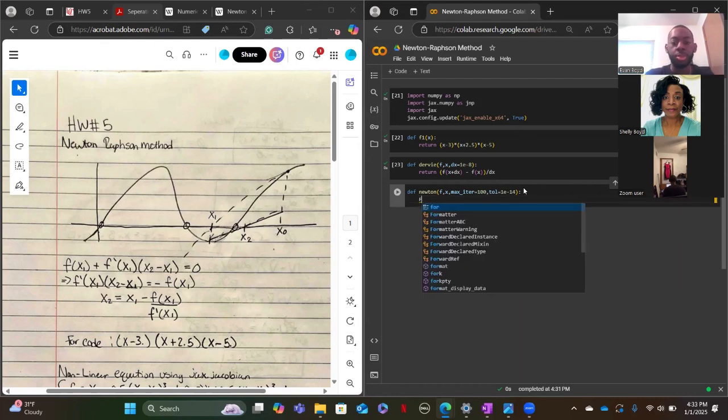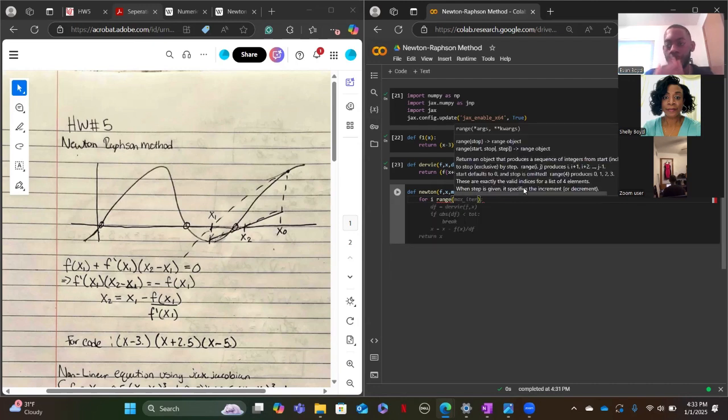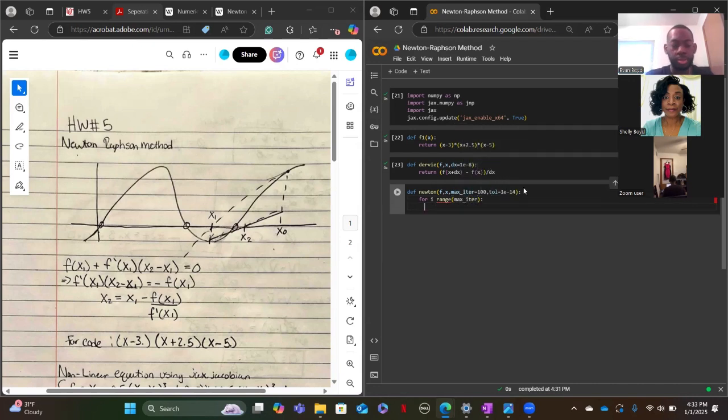We would first do for i in range. We're doing a for loop because we're repeating multiple times. So before our max iterations, we would then write our equation.